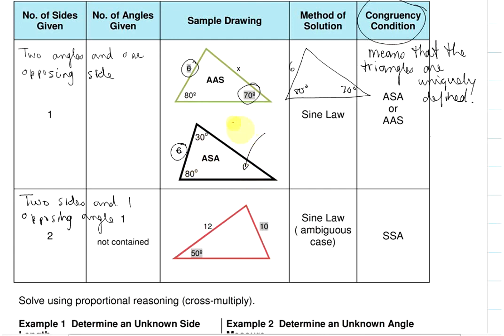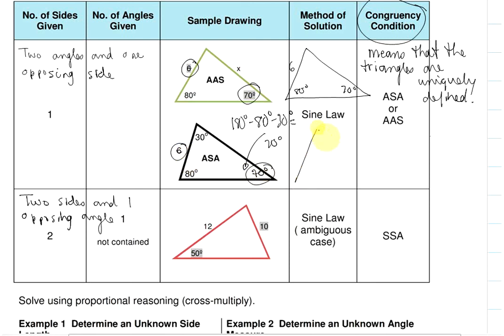I could just go 180 minus 80 minus 30, because I know all angles in a triangle add up to 180. And when I go 180 minus 80 minus 30, I get 70 degrees, so I would know that this angle here is 70 degrees. And so now I have a side opposite an angle, or an angle opposite a side.